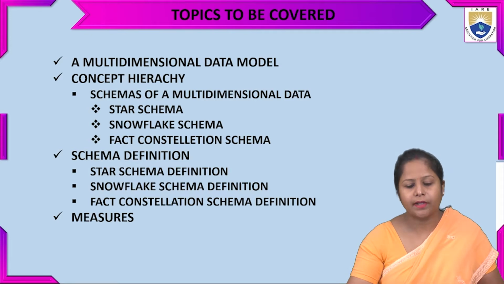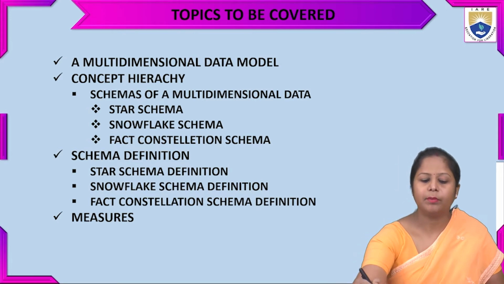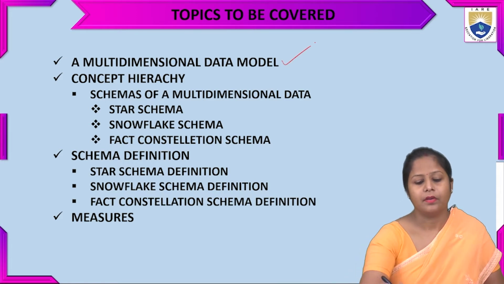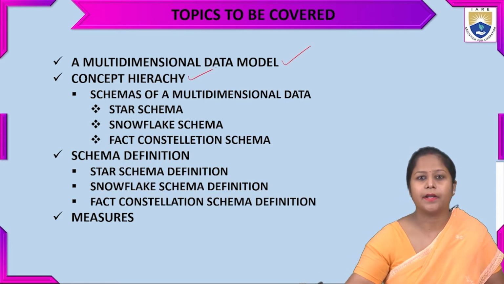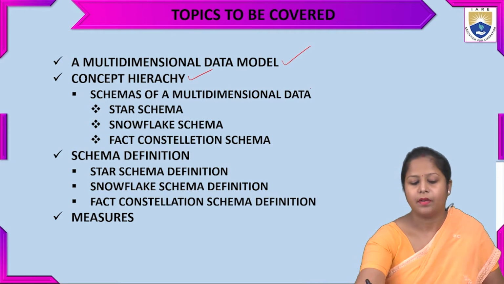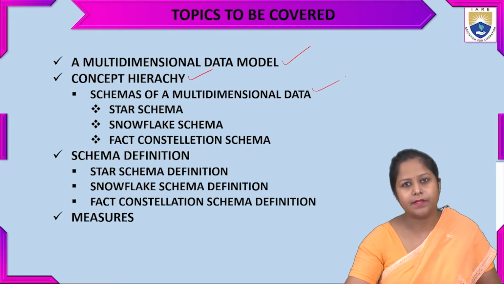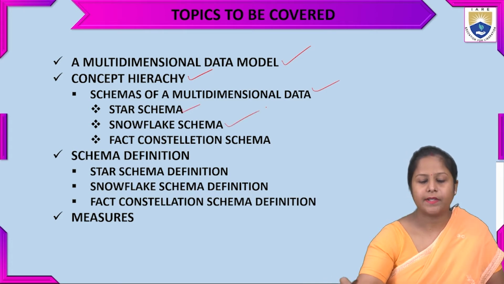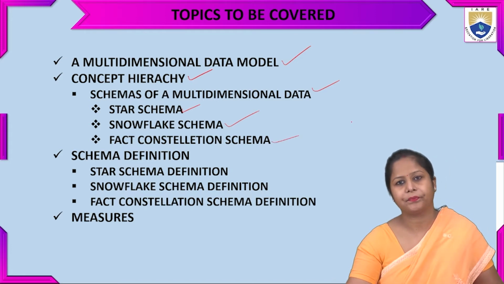So the topics I'll cover today will be a brief description of a multidimensional data model. In that, the concept hierarchy, I will cover the schema of multidimensional data: star schema, snowflake schema, and the fact constellation schema.